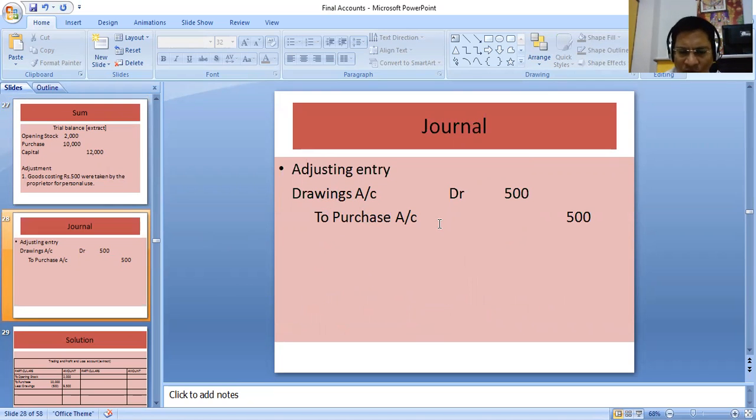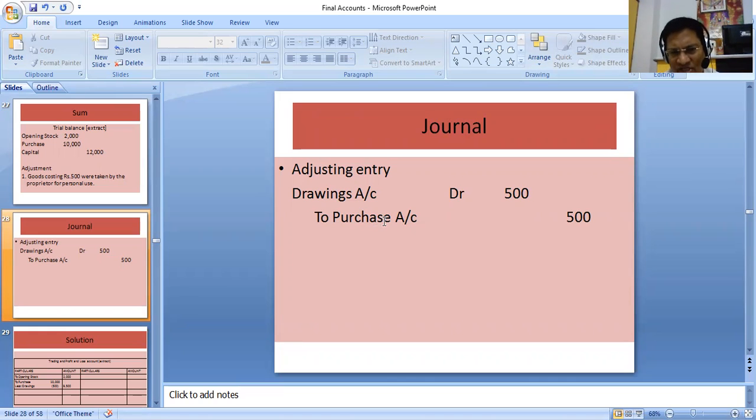Now let me tell you one more thing. Drawings will be subtracted directly from capital, that is the item of liability. That's why no closing entry is required. For purchase, we can subtract from purchase only. So we don't have to make any closing entry for this event.